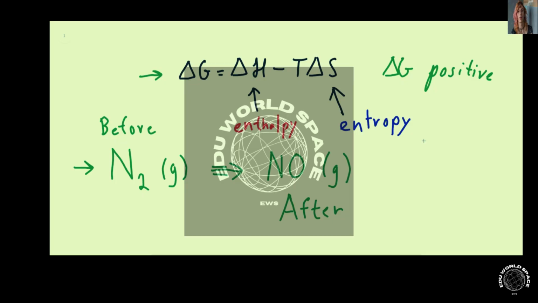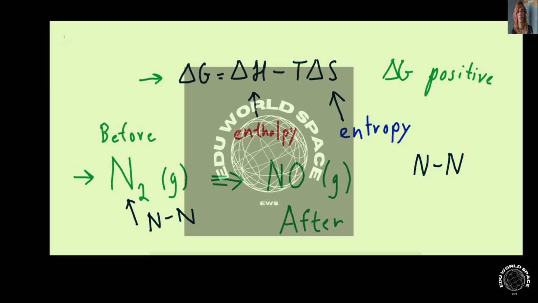If we look at a bond energy chart, we can see the NN bond, this bond over here. It has a bond enthalpy, essentially the energy of the bond, how strong the bond is.